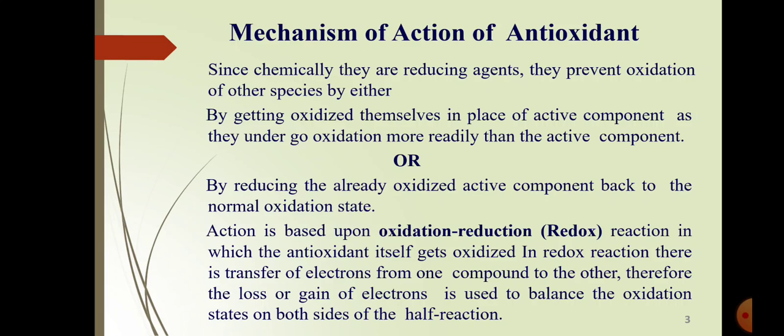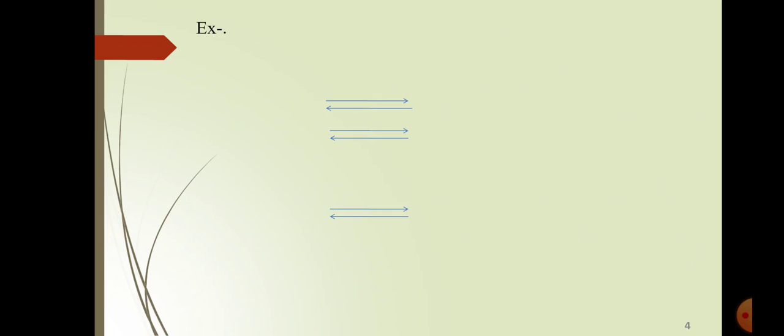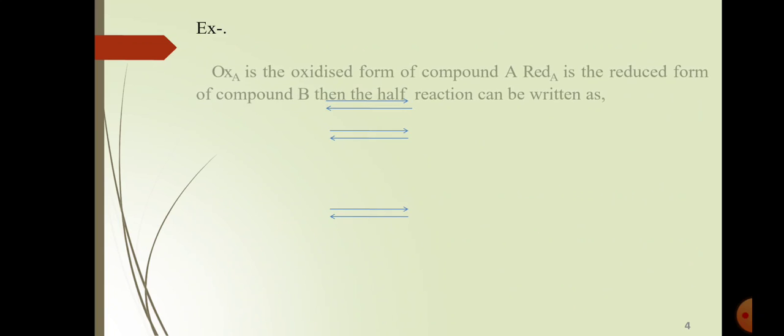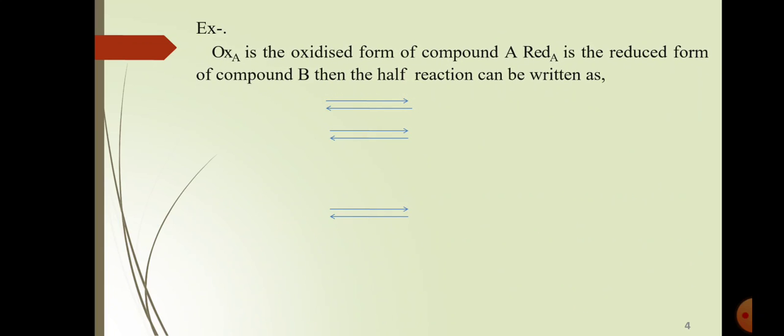Therefore, the loss or gain of electrons is used to balance the oxidation states on both sides of the half reaction. Now let us see the same mechanism of action in the form of reaction, taking the general example in the reaction.